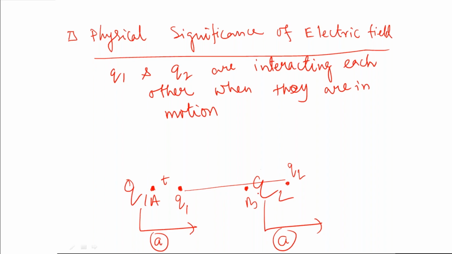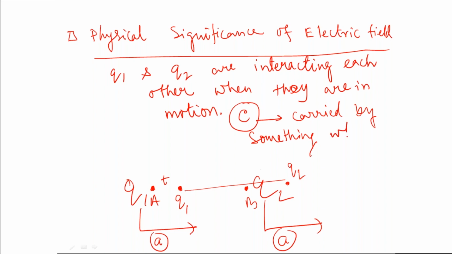That means the information is being carried by the field. Information is being carried by something which has the speed of light. That is the fastest speed.